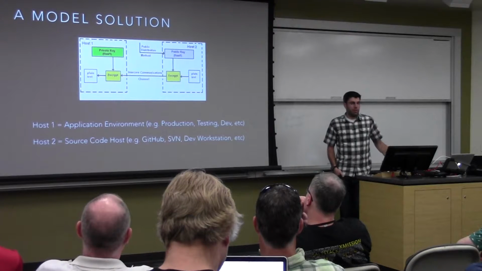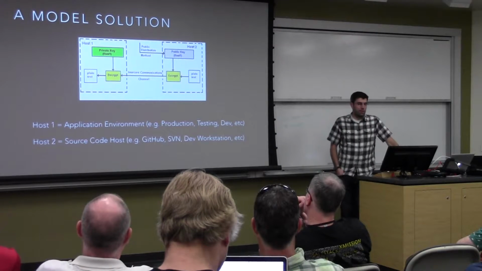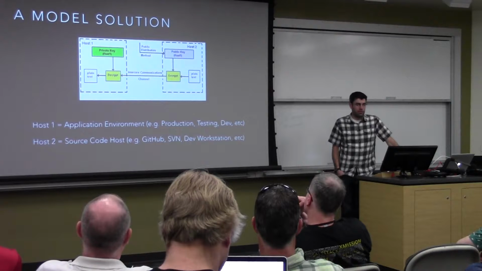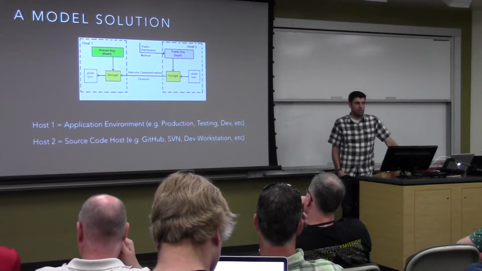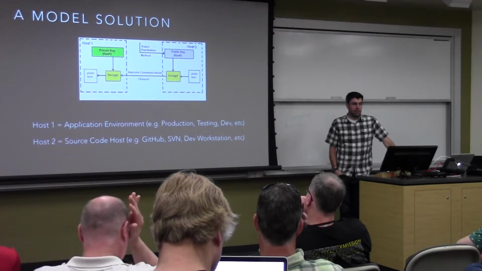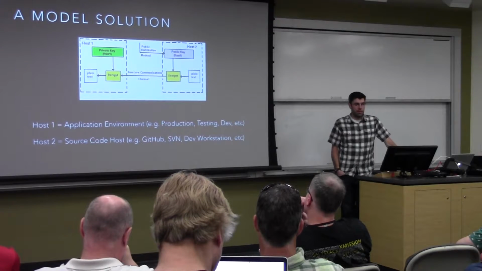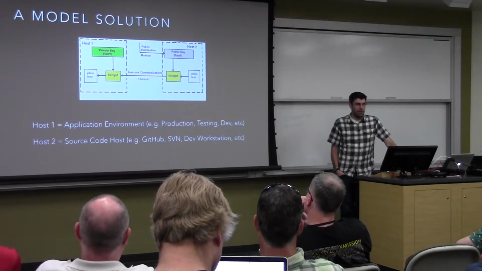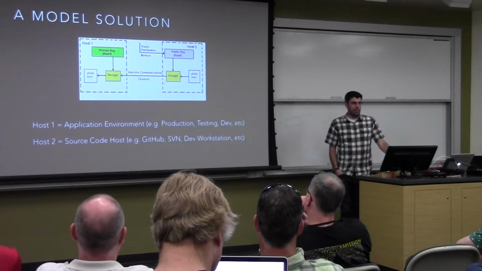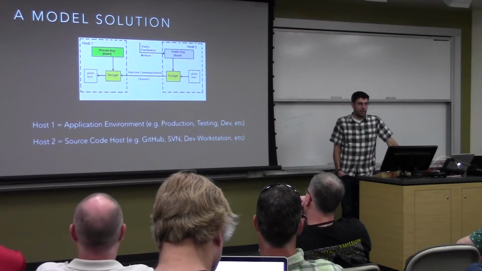So you would, in this model, distribute the public key to host 2 or whatever other hosts are using that code, and they can encrypt data with that public key and store that encrypted data in whatever system they want. Once it's encrypted, nobody else is going to be able to use that information. And then that encrypted data can be sent over an insecure channel. It can be sent over the internet. It can be sent over email.